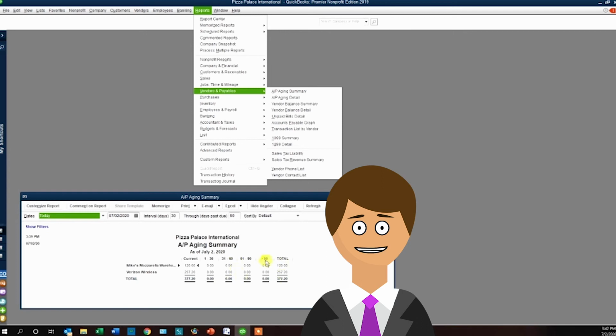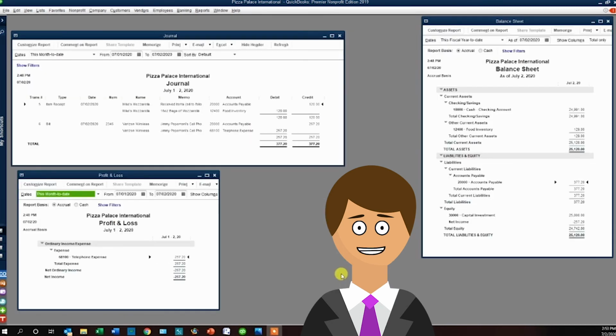These items in this last column would be greater than 90 days. So those would be more than 3 months old. We haven't paid those invoices. And of course, our total at the end ties out to our balance sheet of $377.20.